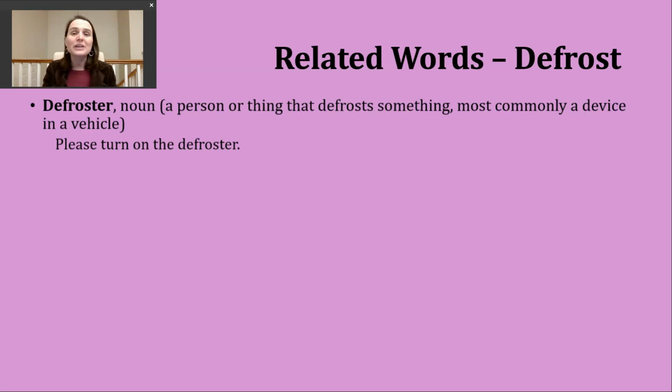And generally, when you hear this used, you're going to hear people referring to devices in vehicles that are meant to get rid of that ice or frost. So perhaps you'll be in a car and someone might say, please turn on the defroster, right? So they want you to use that particular device in order to usually better see out the windshield.